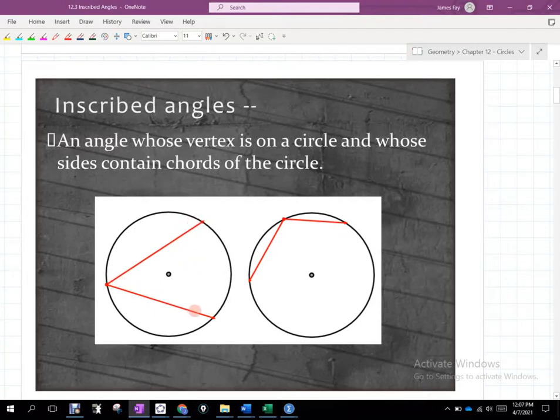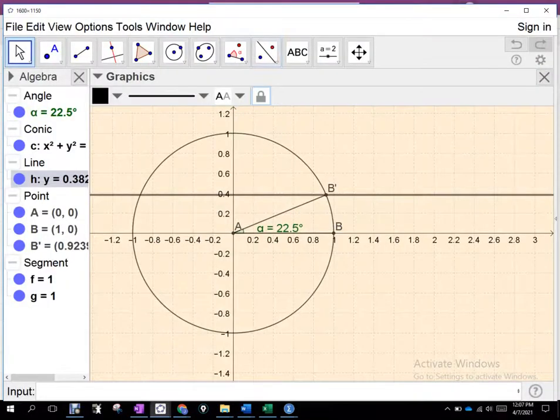This is another chord, which is also another side of my angle, and my vertex is on the circumference of the circle. So this angle right here is referred to as an inscribed angle. The circle on the right is also another inscribed angle, and we can have all sorts of different inscribed angles. I'll show you a couple more here.